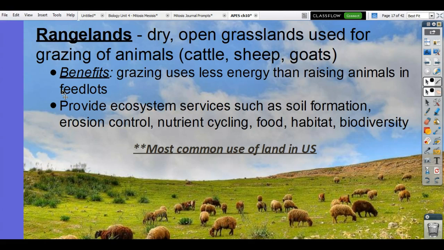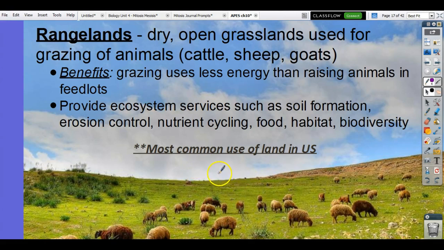It's really smelly. There's lots of disease, so you have to use a lot of energy to heat those areas, to provide food and water. So if you're just letting them graze, it's a lot more energy efficient. And in that way, their waste can just get recycled back. The grass grows. You don't have to use energy to produce a whole bunch of feed to feed them because they just eat the grass.